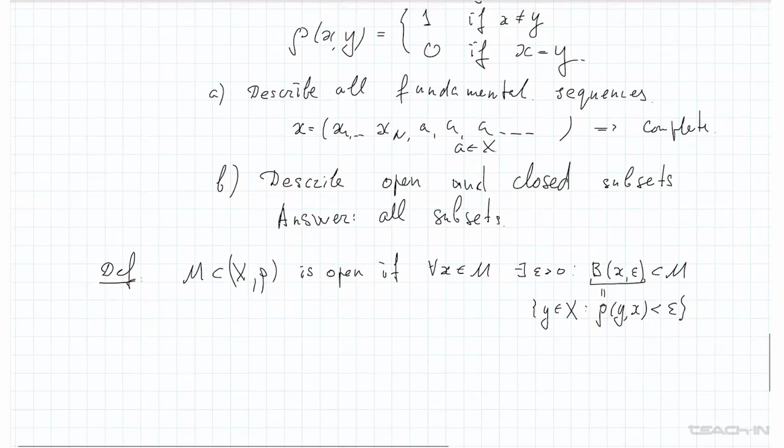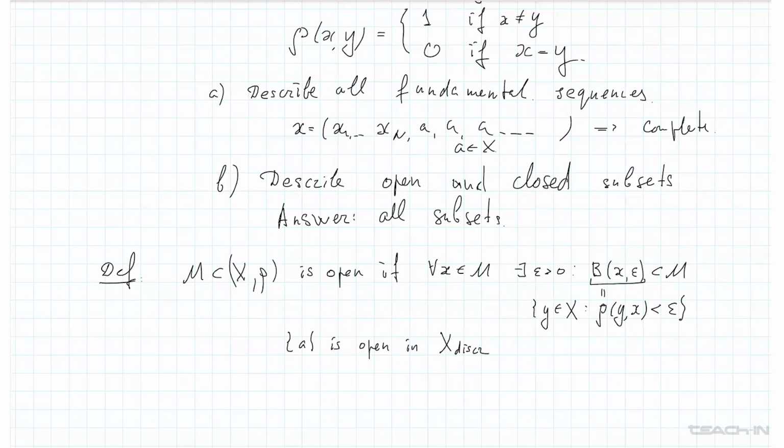So from this definition and the definition of the discrete metric, it is easy to see that one point is open in X with the discrete metric. It is clear, because if we take epsilon less than 1, the distance must equal 0, so the ball is just the point a, which belongs to this set.